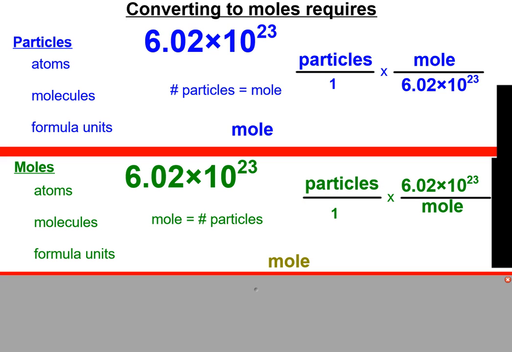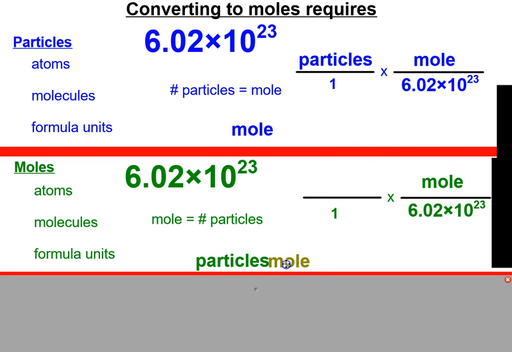I like doing this because you're seeing that I'm flipping fractions in both cases. Because you can't cancel particles, which is what I have here now, with anything but particles, which is what the Avo number is. And so moles is what I'm converting to. But really in this second one, I was trying to demonstrate more that when moles are your starting point, you can't have moles times moles because that's moles squared.